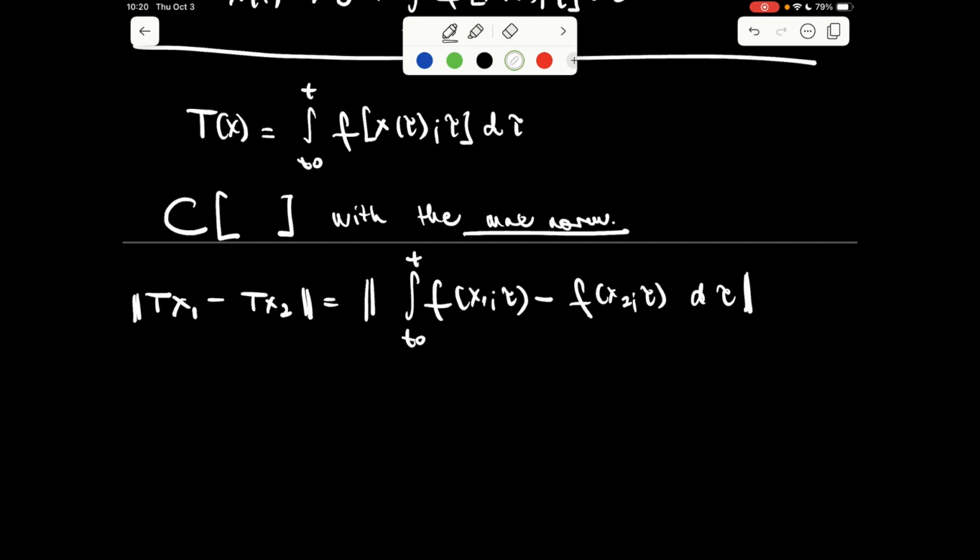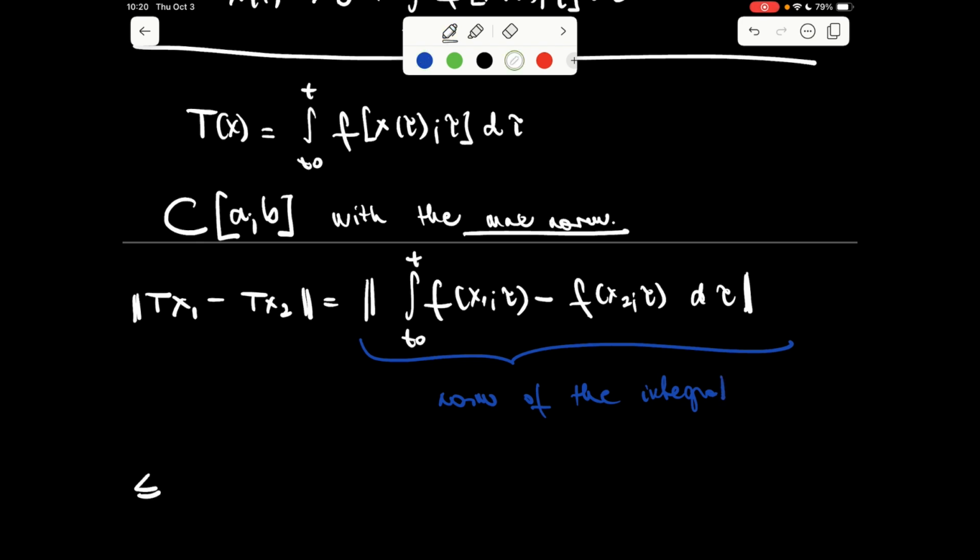And so this is the function space with the max norm. But here we calculate the norm of the integral and this inequality holds.